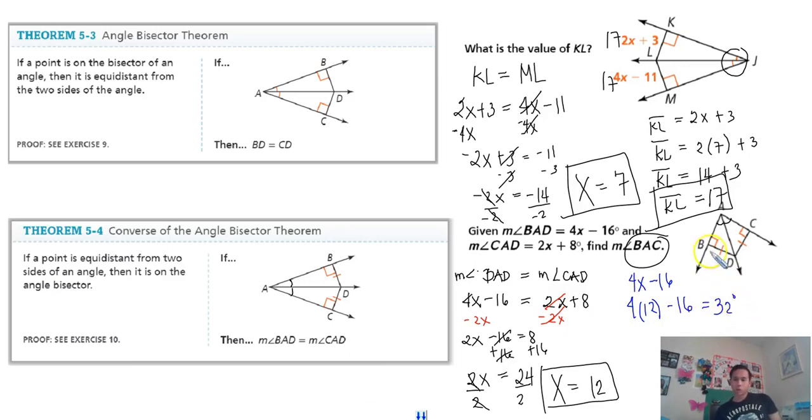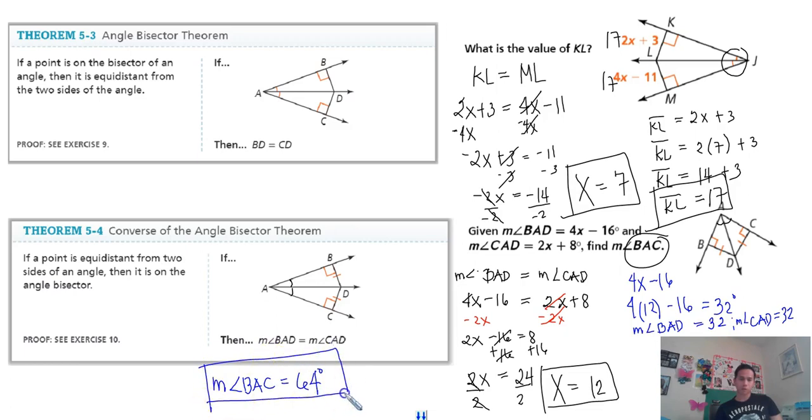So we can now say that the measurement of angle BAD is equal to 32. The same with the measurement of angle CAD is equal to 32. Now the problem is the measurement of BAC. So I'll just put it here. The measurement of angle BAC, because both of them are 32, you just add them together, it will become 64 degrees. So this is our answer.